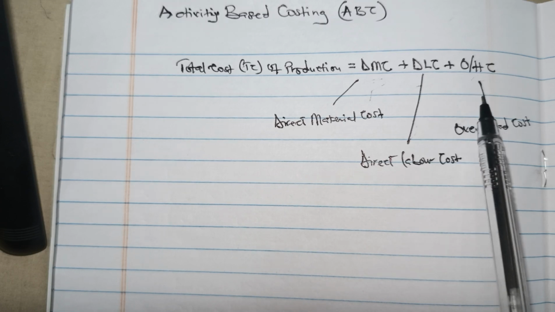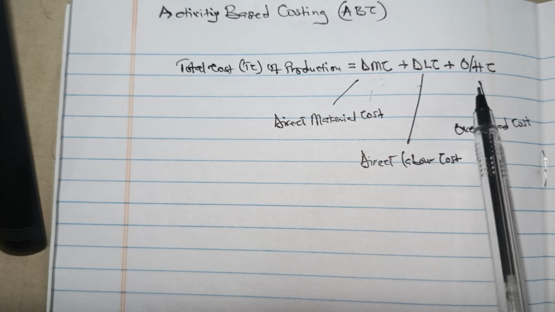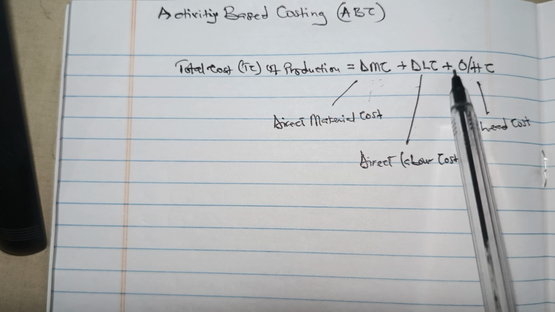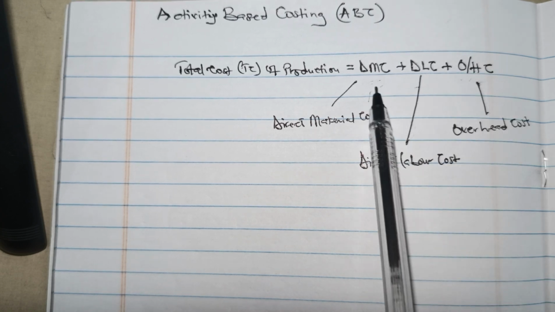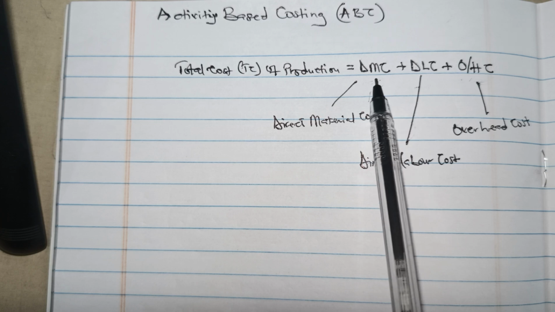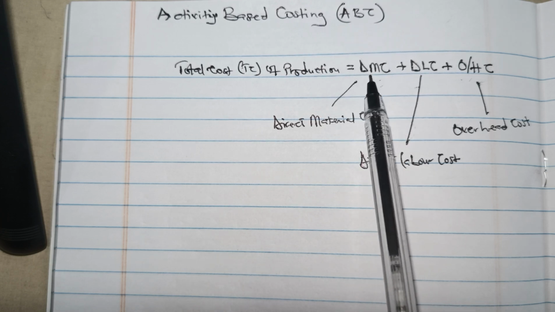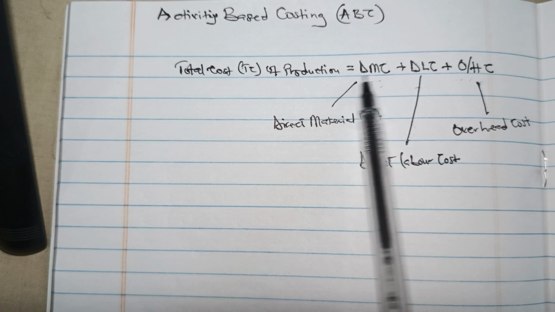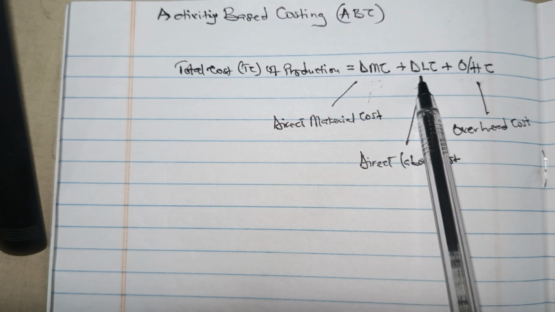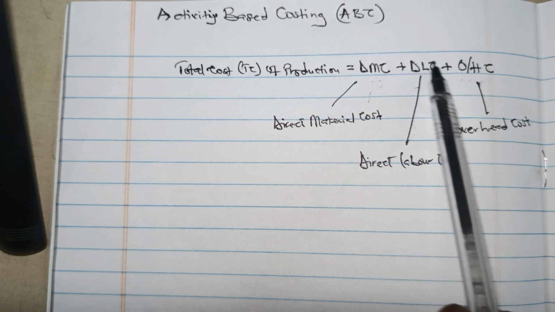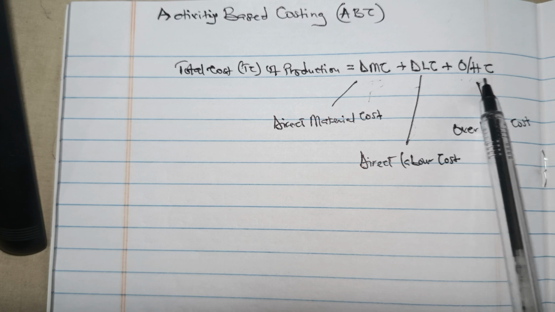Now, with the traditional absorption costing method, this is where the problem is. When you are summing everything up in ABC and traditional absorption costing, the direct material cost is the same, and the direct labor cost too will also be the same, but the overhead cost will change.